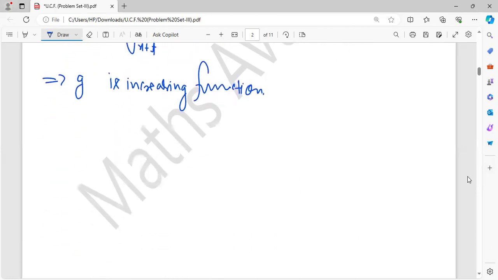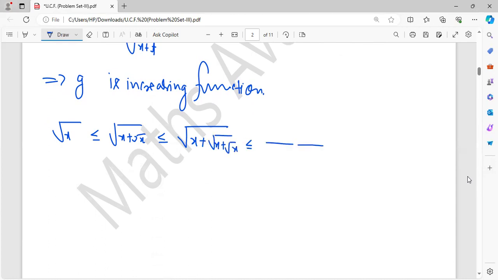If it is an increasing function, so I know that I am taking t equal to 0, but 0 is less than the square root of x, so this is greater. Now again, we have shown that this is an increasing function, then this will be greater. Like this, it will follow.